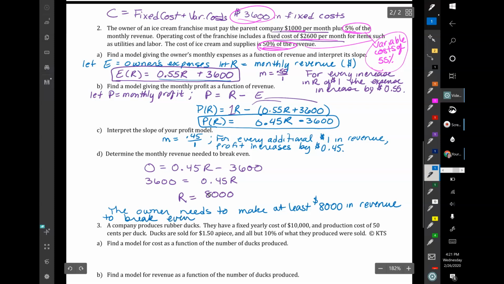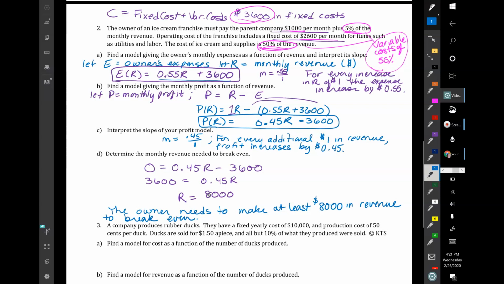Because if he or she isn't even making that, then the costs are just, it's not worth it, right? You even want to think, how much am I making? Is it a decent amount? Is it worth all this extra work I'm doing?